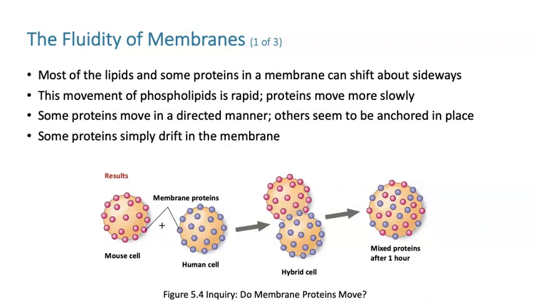So we do from this see that it takes a while for them to move, and we also see that some of those proteins seem to be anchored and some seem to drift more easily across the membrane.